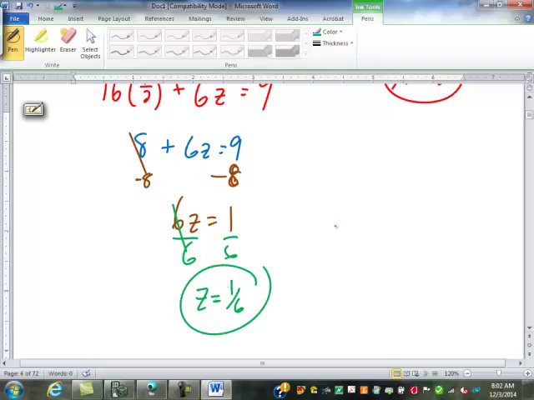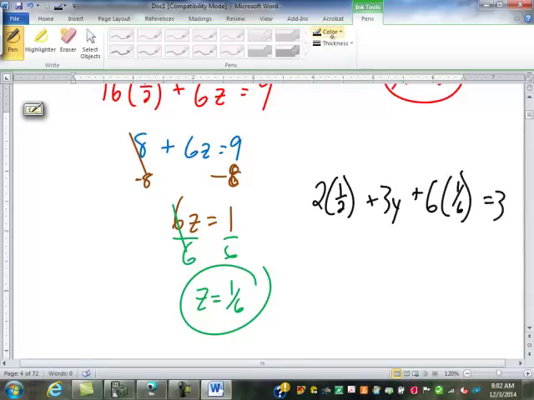Now we got to find y. I'm going to go back up to that very top equation. So 2 times x becomes 2 times 1/2 plus 3y plus 6 times z becomes 6 times 1/6 equals 3. 2 times 1/2 is 1 plus 3y. 6 times 1/6 is 1 equals 3.